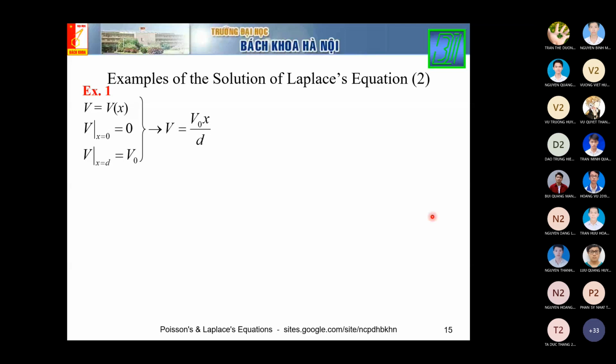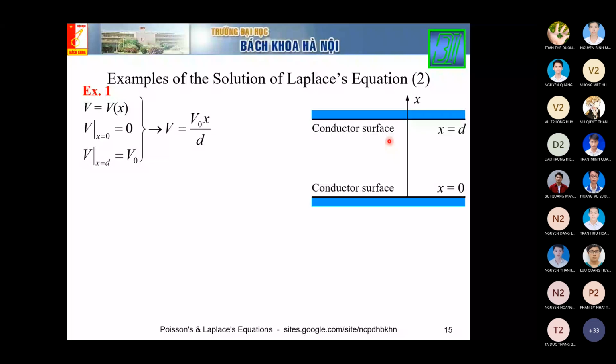Now, what is this kind of solution? You can imagine this case. This is a two-plate capacitor, and we knew that within the two plates, the potential depends only on the vertical axis. It does not change when we go to the left or to the right, to the back or to the front of the screen.